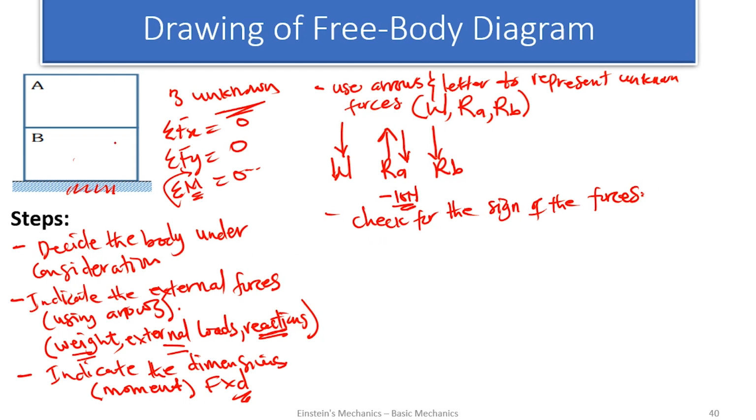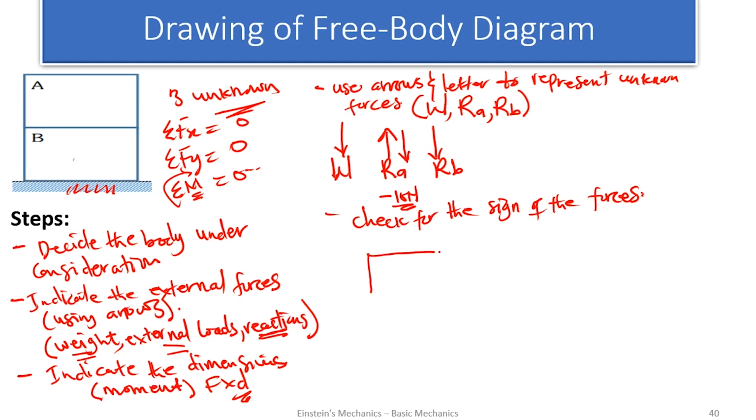So let's look at how we can draw the free body diagram for this. So let's consider two blocks. We know A and B, and B is on the ground and A is on B. There are two blocks, and we can separate them. So first, let's try to separate A from B and B from the ground. So I'm going to get something like this.